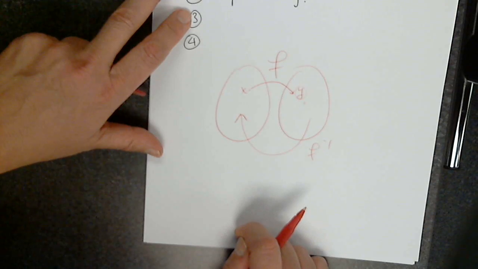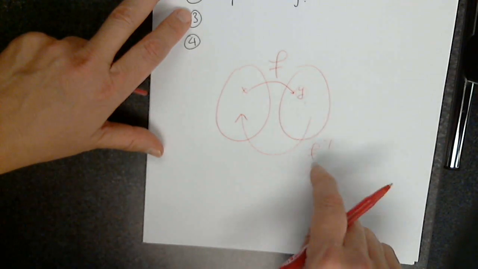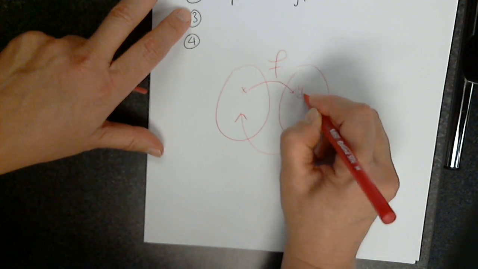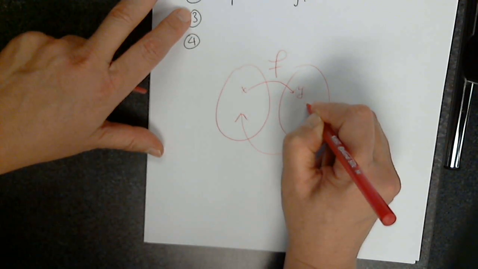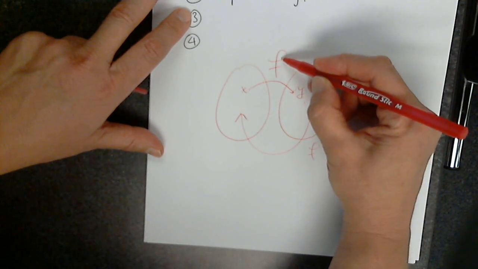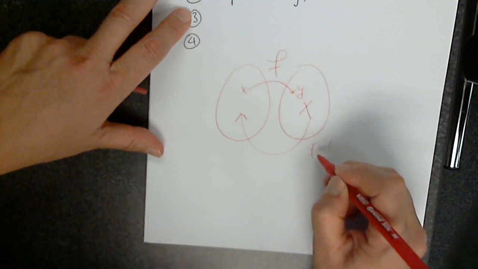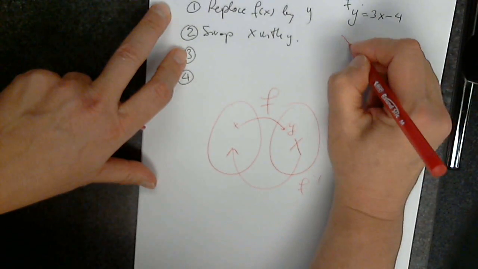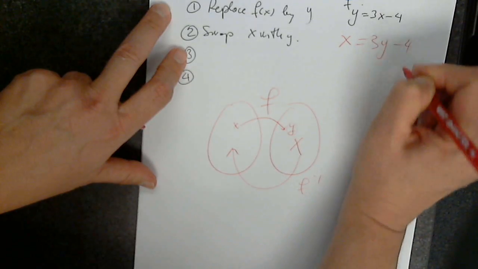Why am I replacing y by x? Because the inverse function will be defined here, will be defined on this value, which becomes its x. So that's why y from f becomes x for f inverse. That's the only reason why I'm allowed to swap. So now I say x equals 3y minus 4.